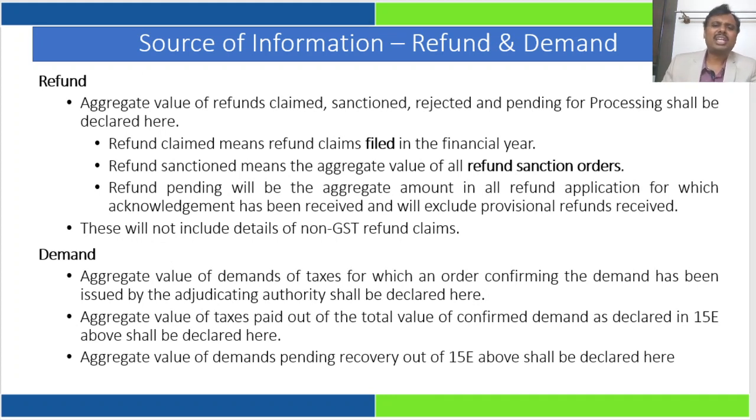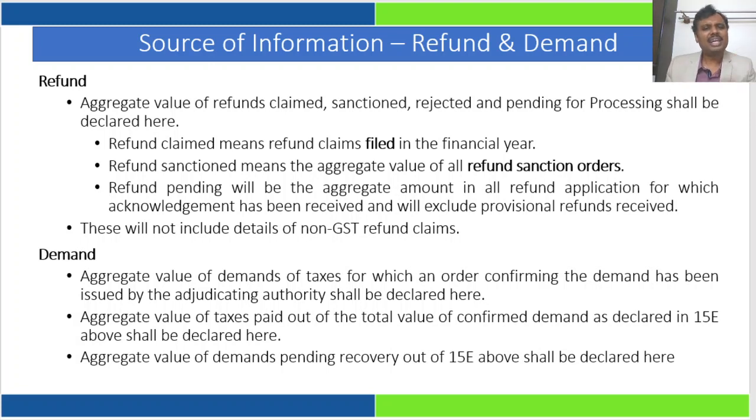When it comes to the refund and demand, we also have an obligation to report in table 15 the refund claimed or demands which have been paid. Even here, it is not about the refund of 2018-19 or for 2018-19. It is during the period of 2018-19, how much refund has been filed, of which how much refund has been sanctioned, how much has been rejected, how much is pending.